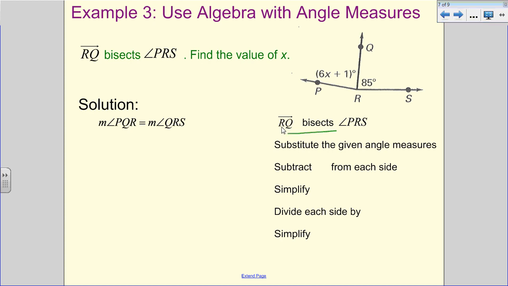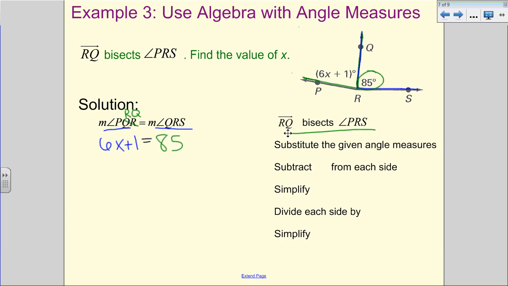So by this definition of a bisector, I know that angle PRQ, sorry guys, that's what's in your book, PRQ is congruent, is equal to the measure of QRS. Okay, so the first thing I'm going to do is substitute in those given angle measures. PRQ is 6x plus 1. That equals my 85 degrees.